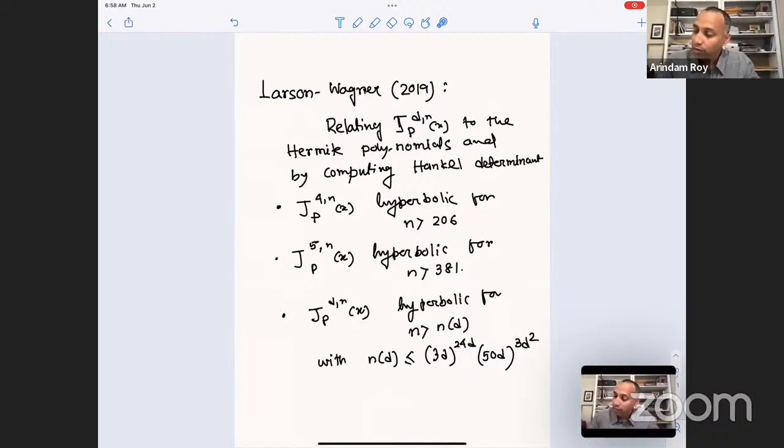For degree 5, they said it is also hyperbolic for n bigger than 381. But from degree 6, they could not manage to compute it exactly; they say it is hyperbolic for some n_d, and they give an upper bound: n_d will be at most 3d times (3d) to the power 24d times (50d) to the power 3d squared.